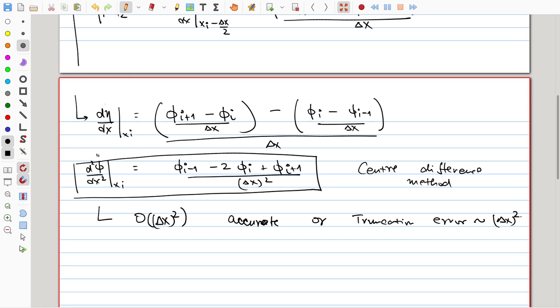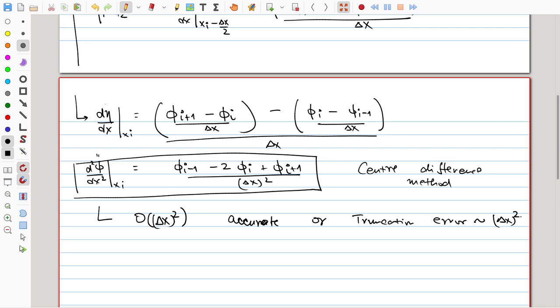There are different ways to say it. Sometimes we say truncation error goes as delta x squared, sometimes we say the accuracy is order delta x squared, big O. You may have learned that in your computer science course first year, big O. Basically they are the same thing. The error goes as some constant times delta x squared, that is called order delta x squared.